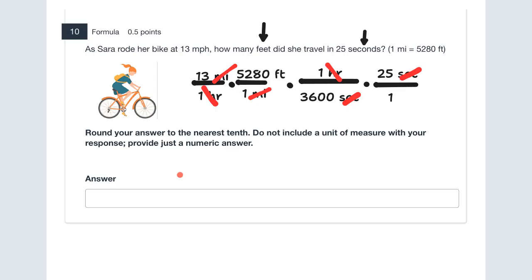So that gives us in the top, we're going to have 13 times 5280 times 1. I don't need to put that in there. Times 25. And in the bottom, I am dividing by 3,600. And what will be left is going to be feet.